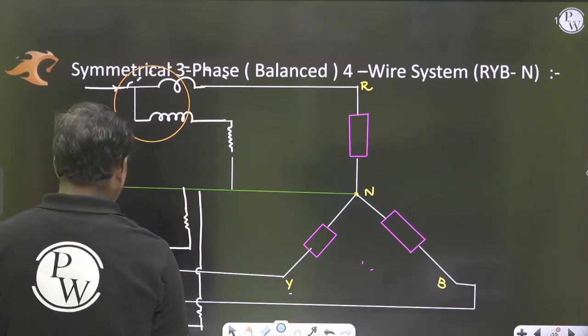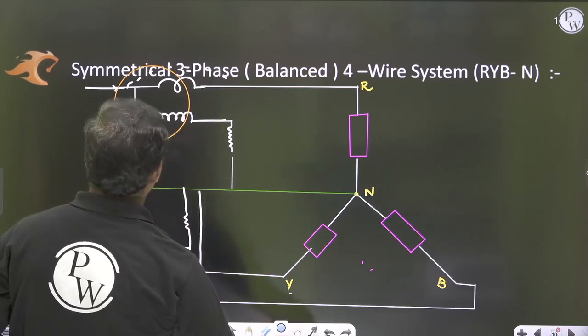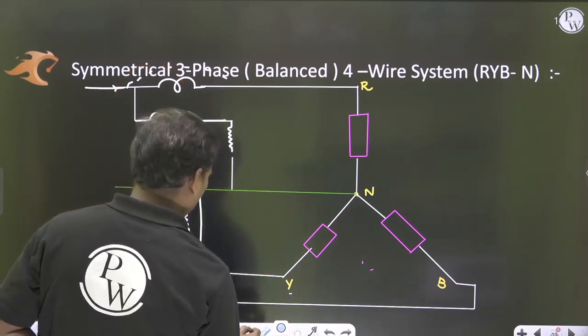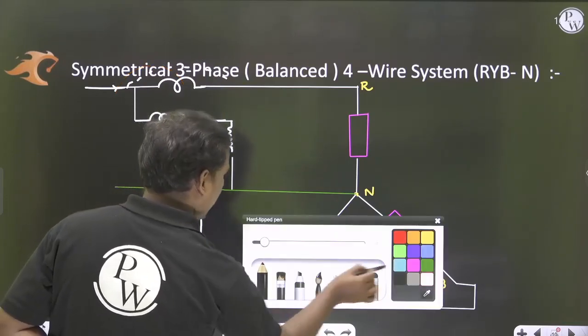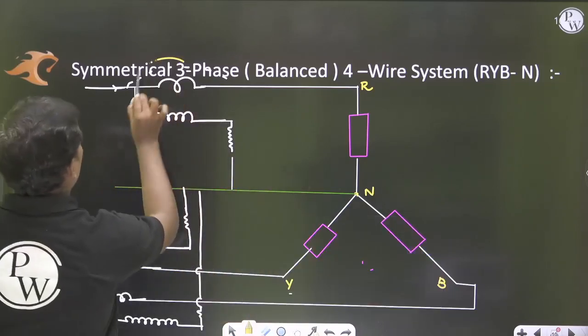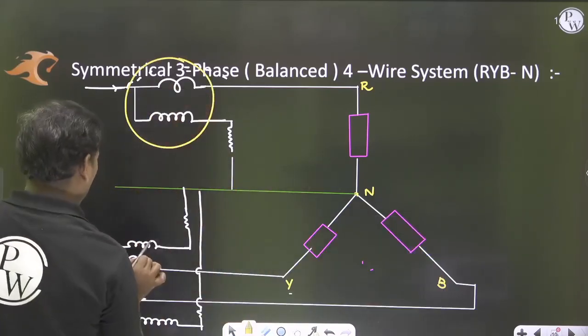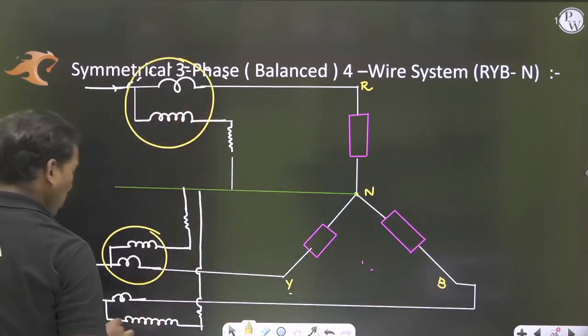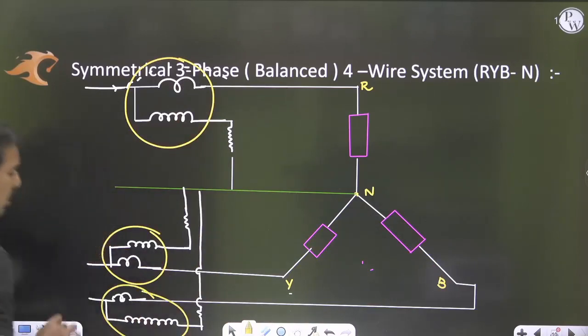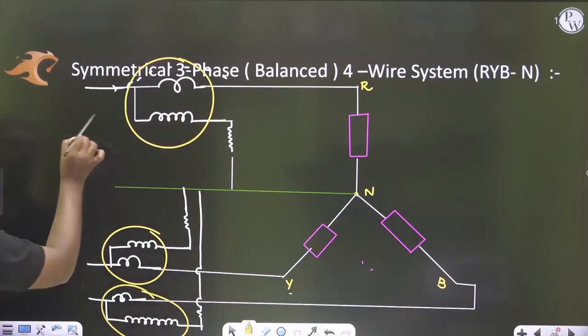This is a second wattmeter, third wattmeter. So this is wattmeter 1.